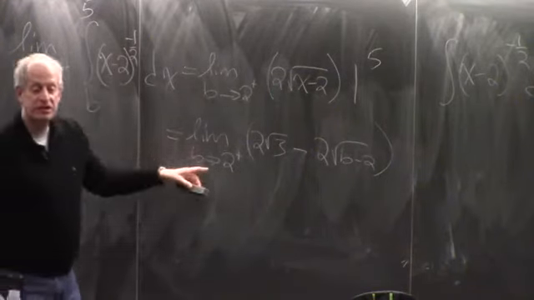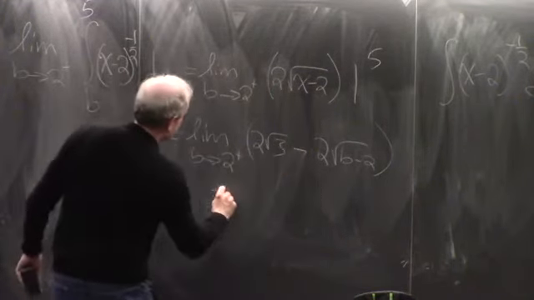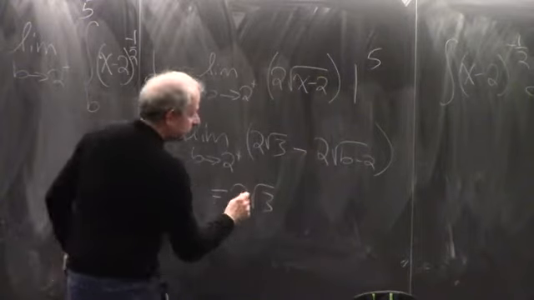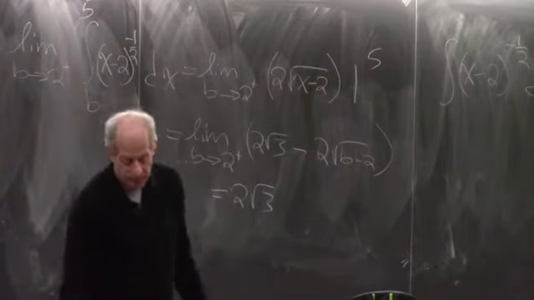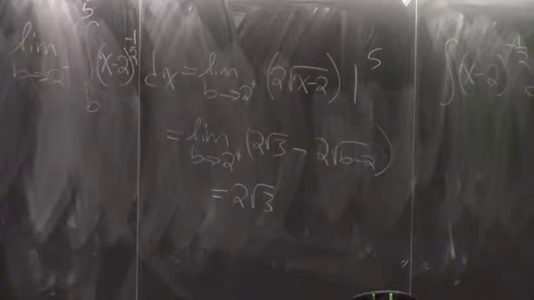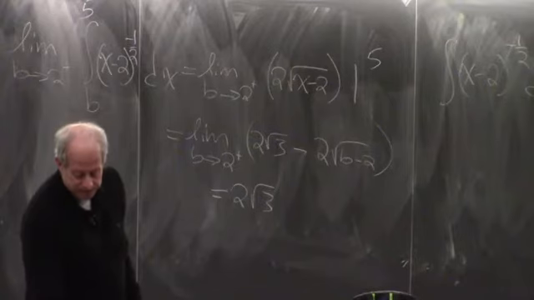And now, when you take the limit, that second term is 0, so this just equals 2 radical 3. Does that make sense? These really aren't crazy tricky. You just remember, you have to do the integral first using a letter, and then take the limit.